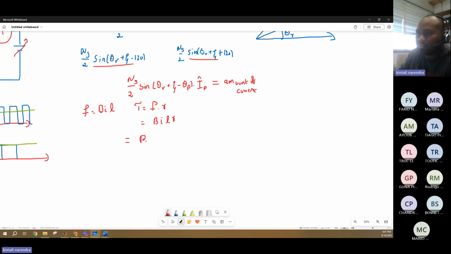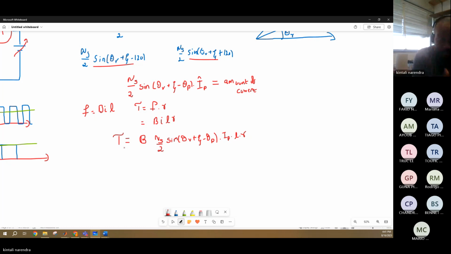If I substitute it, B into I is the current, so Ns by 2. As the winding changes, the amount of current changes, so I'm multiplying the current with the winding formula. This is the torque developed by the rotor when it didn't move, when it is in a particular position.